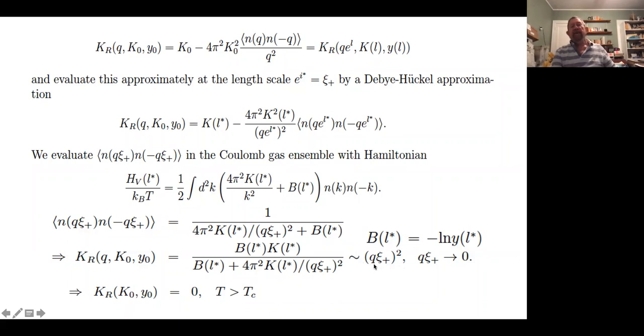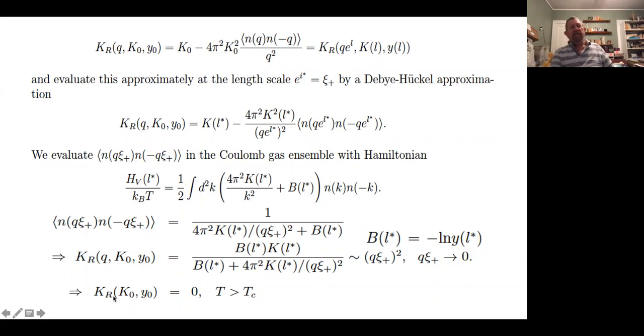And of course the superfluid density is related to this correlation function at Q equals 0.